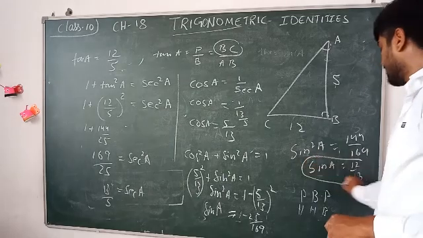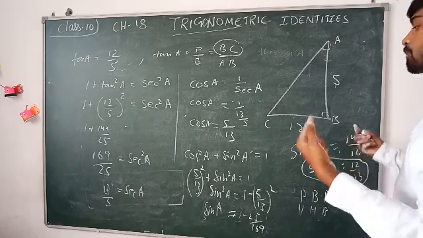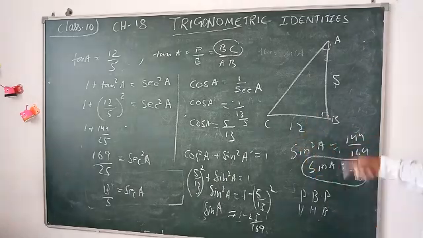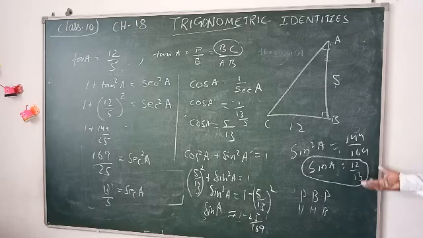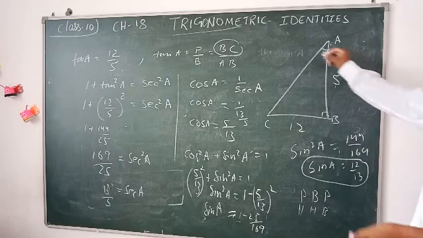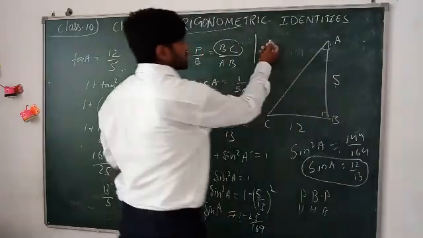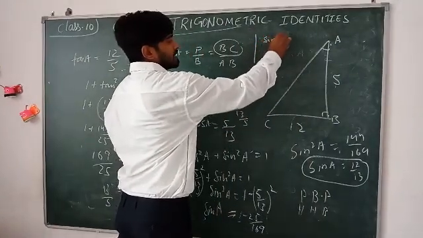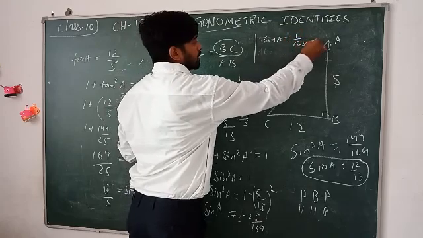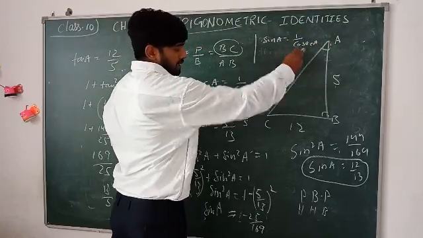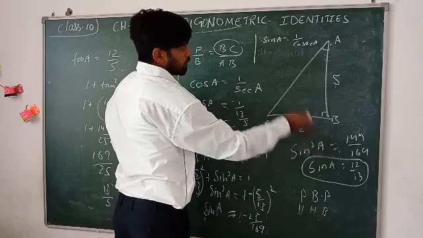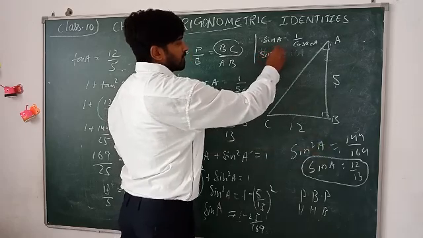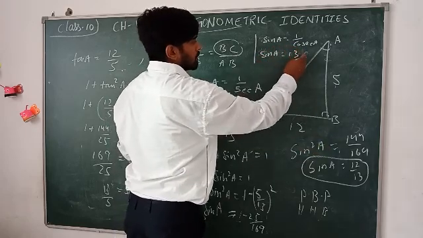So sin A has come as 12 upon 13. Now from sin you can also find cosec, because cosec is the inverse of sin. So cosec A equals 1 upon sin A, and sin A you know is 12 upon 13, so cosec will be the inverse, 13 upon 12.